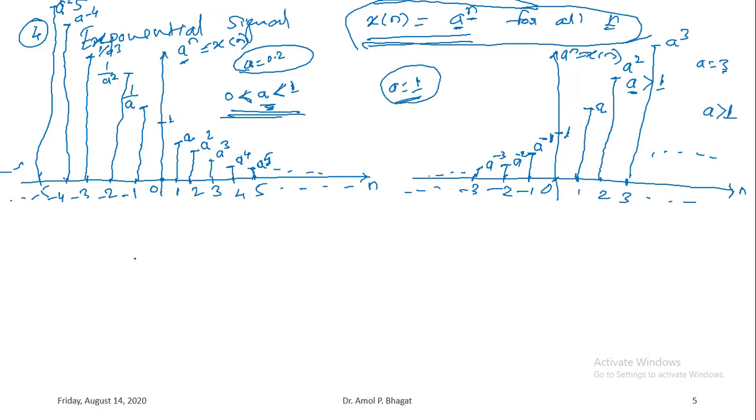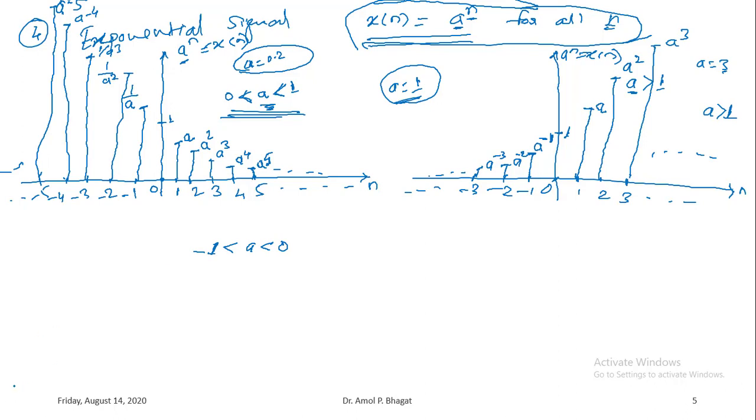Now take a look at another condition where I am taking the value of a as greater than minus 1 but less than 0. So what does it mean?